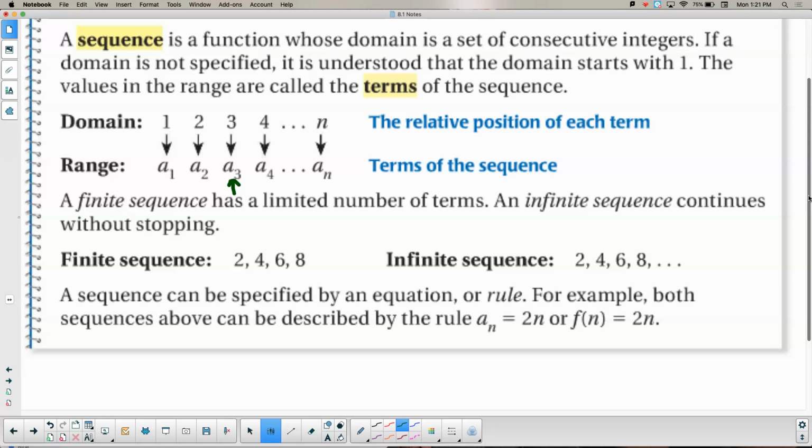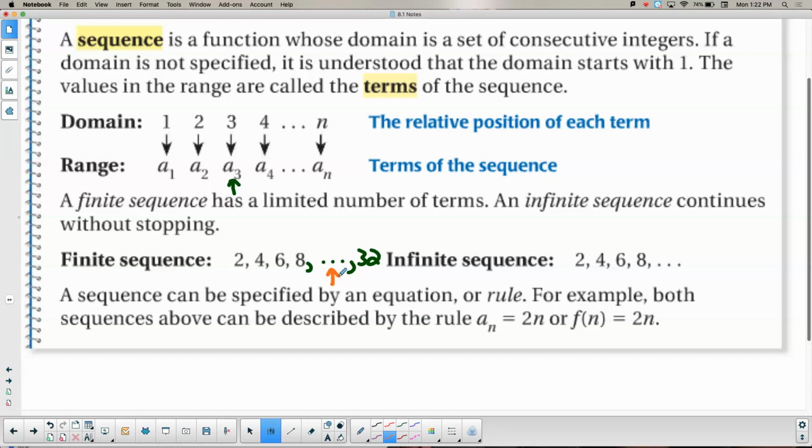We could also write that and pick a number where it ends. These three dots tell me that the pattern is going to continue until we get to 32, and 32 is our ending term. Still a finite sequence. It has an ending, a limited amount.